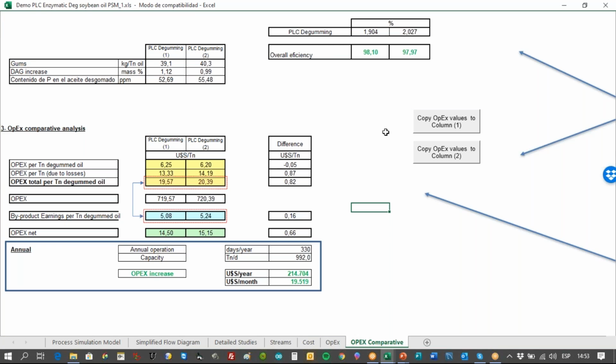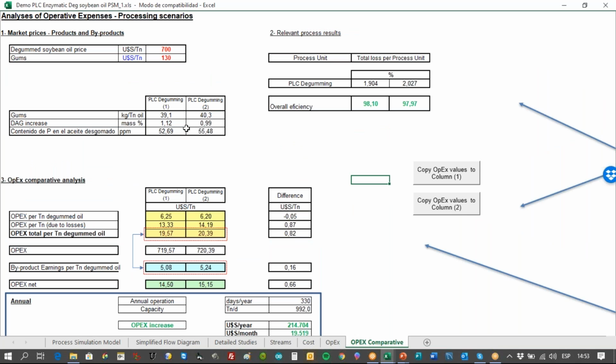As we see here, we have a lower conversion to diglyceride from the enzyme action, since we now have a lower performance of the enzyme. It is not significant in terms of diglyceride.